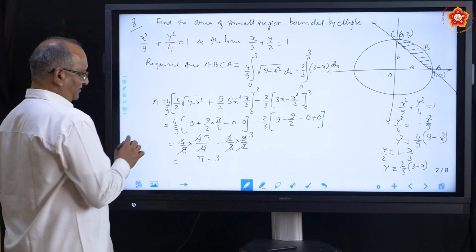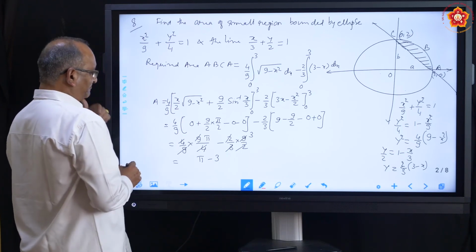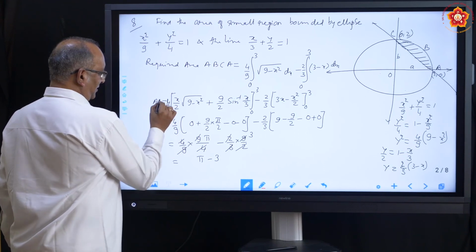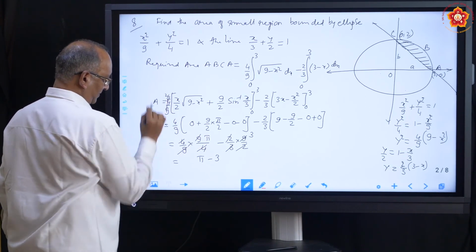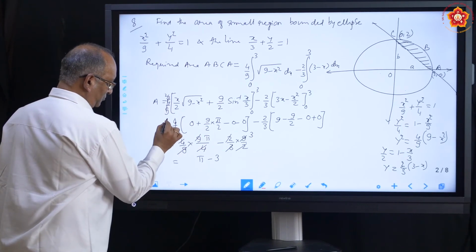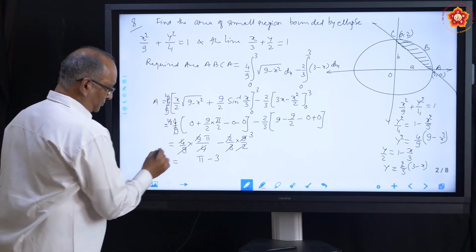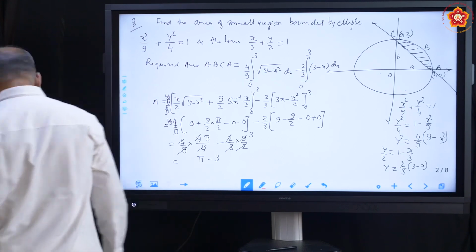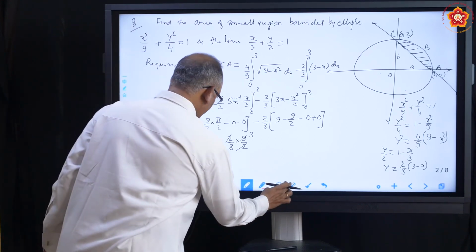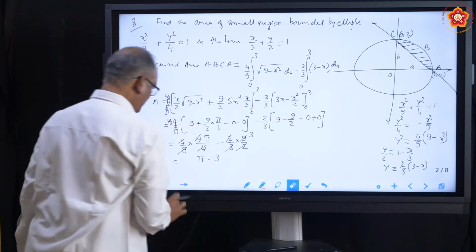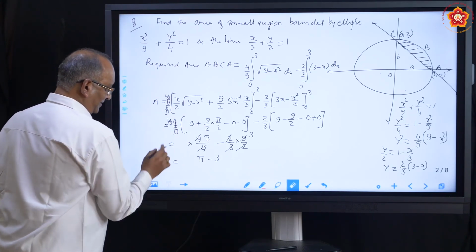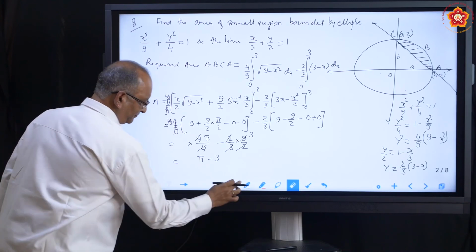So this is one mistake which we did. This is 2 by 3. This is also 2 by 3. So here also, when we substitute, this is 2 by 3.